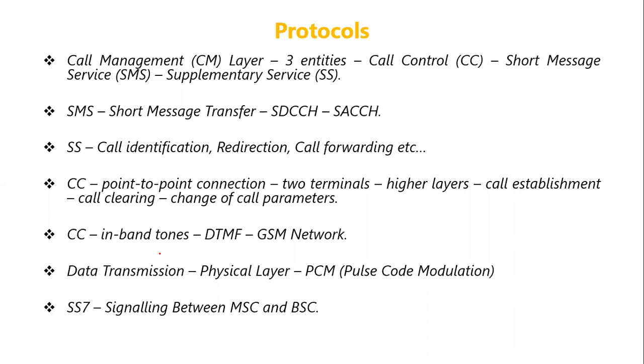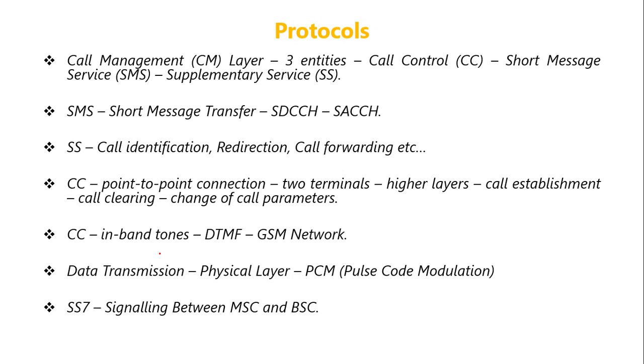Signaling System 7, SS7, is used for signaling between an MSC and BSC. This protocol also transfers all management information between MSC, HLR, VLR, authentication, equipment identity register, all these things.